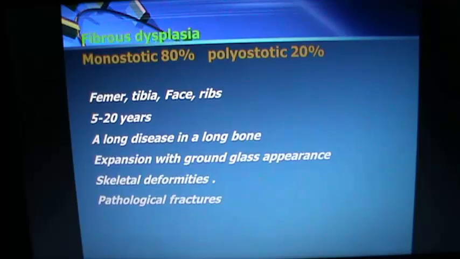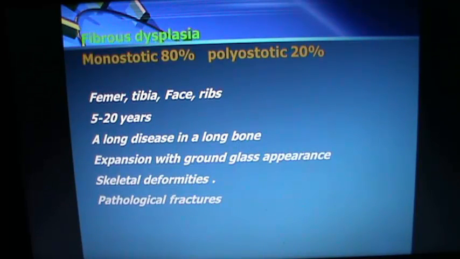And as regard the fibrous tissue, it can cause expansion within the marrow on the expense of the endosteum, and that's giving us the lucent areas with what we call endosteal scalloping.